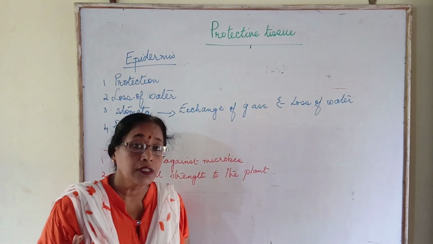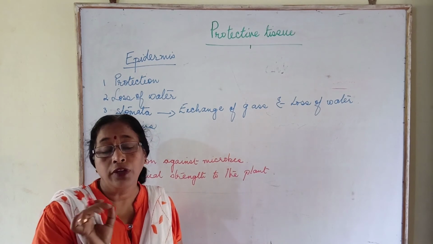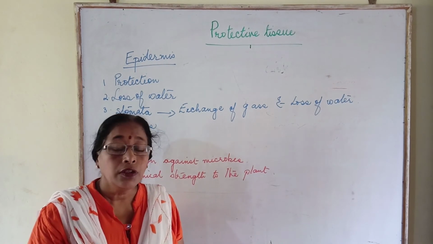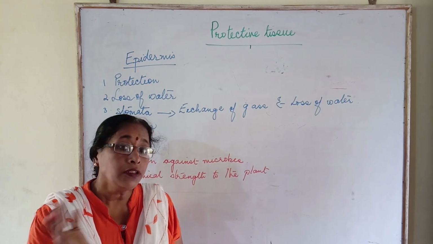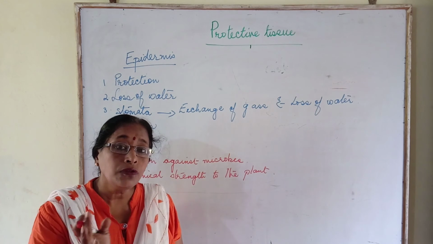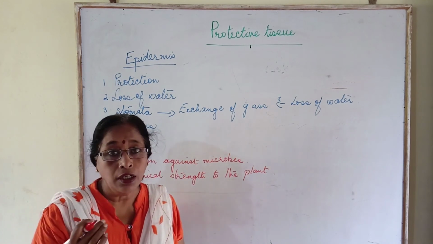The lenticels that are present in the cork, the small pores present in the cork, help in the exchange of gases between the environment and the underlying tissues of the plant.